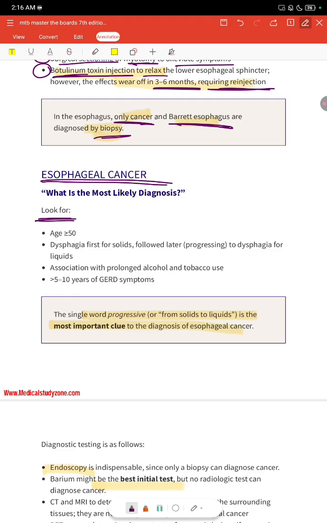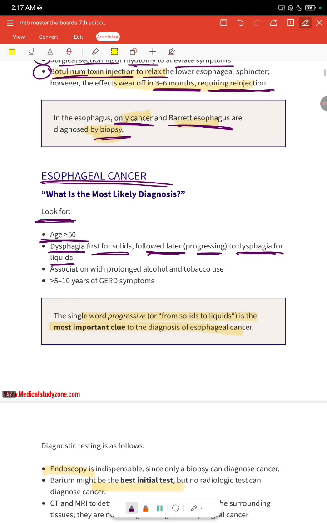The age of the patient having esophageal cancer is usually equal to or more than 50. There is the symptom of dysphagia, but first it is for solids only, followed later by progression to dysphagia for liquids.